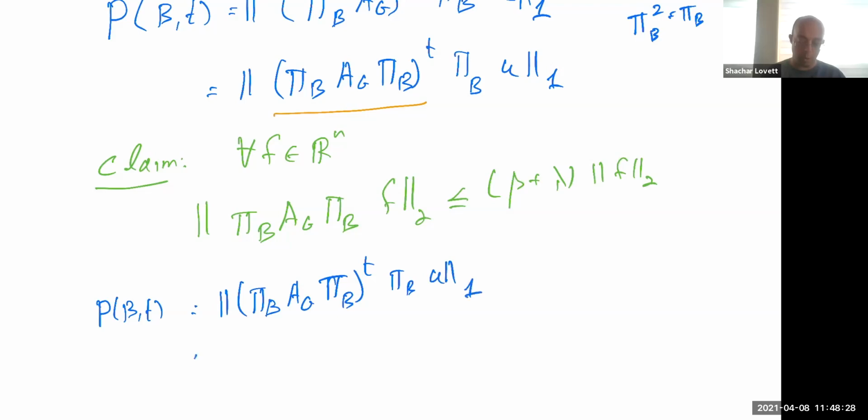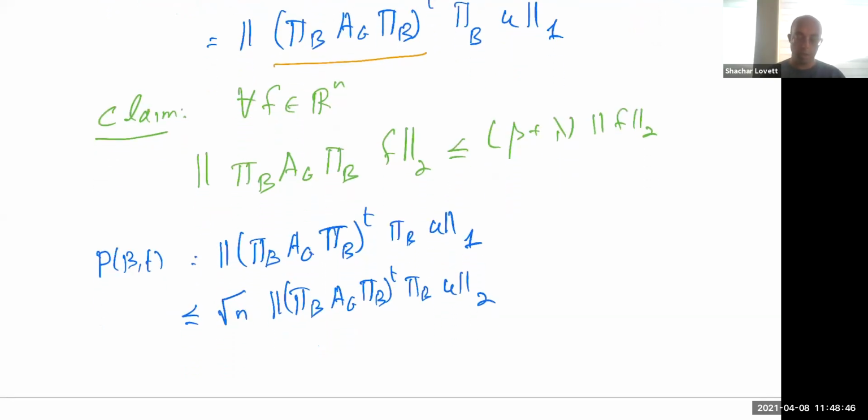We already said that we know how to convert L1 to L2. We just do the root n factor, right? So it's going to be the same thing in L2. And now we're going to use this claim.